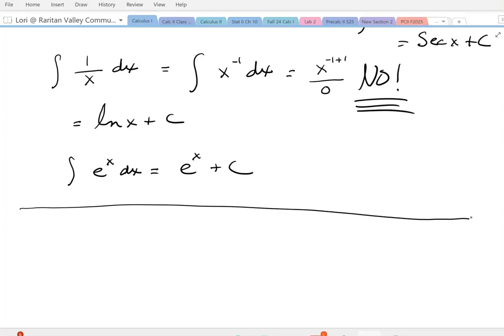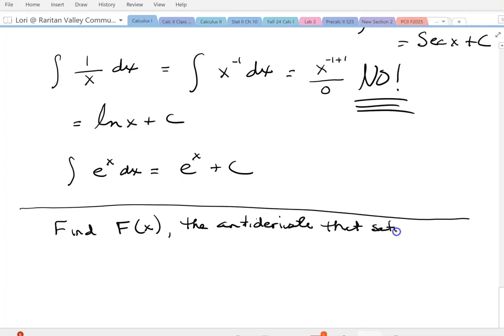Let's suppose that I want to find, we'll use the other notation, f of x, the antiderivative that satisfies the given condition.